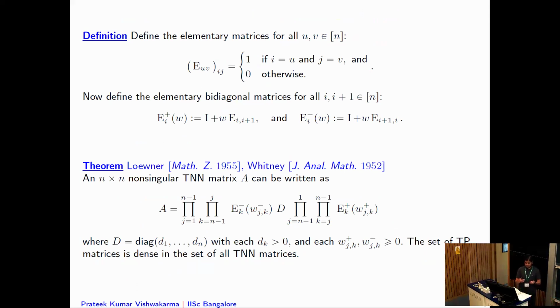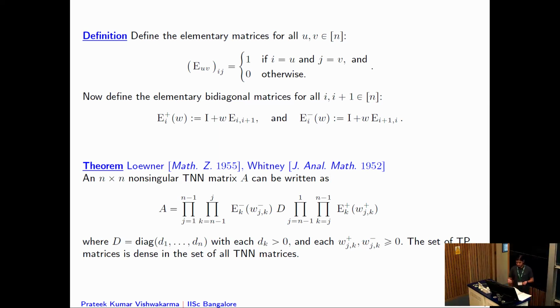What are these matrices? These are essentially the identity matrix in which exactly possibly one of the immediate off-diagonal entries is non-zero, or positive, non-negative. Using elementary bidiagonal factors like these, there is a theorem due to Loewner and Whitney, which says that any n by n non-singular totally non-negative matrix A can be factorized into products of these elementary bidiagonal factors and a diagonal matrix with positive diagonal entries.